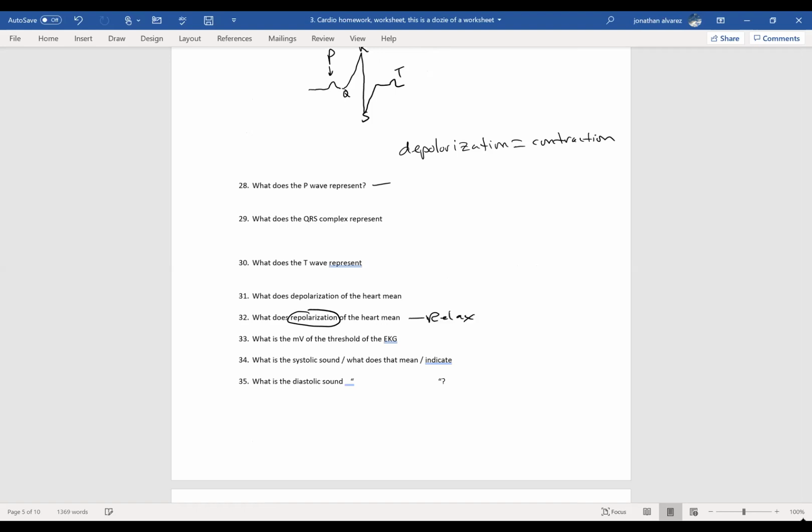So we have squeeze, relax, squeeze, relax. Okay, so depolarization means to squeeze or contract.